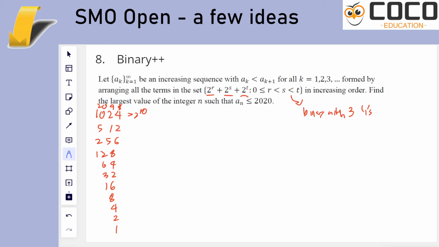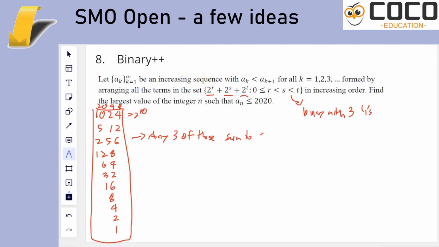You can't use that, but if you use any 3 of these, it will sum to less than or equal to 2020. Take the 3 biggest ones and it sums to about 1800. So you're pretty safe. And also, because of our idea of binary, we know that any 3 of them will have a different total.